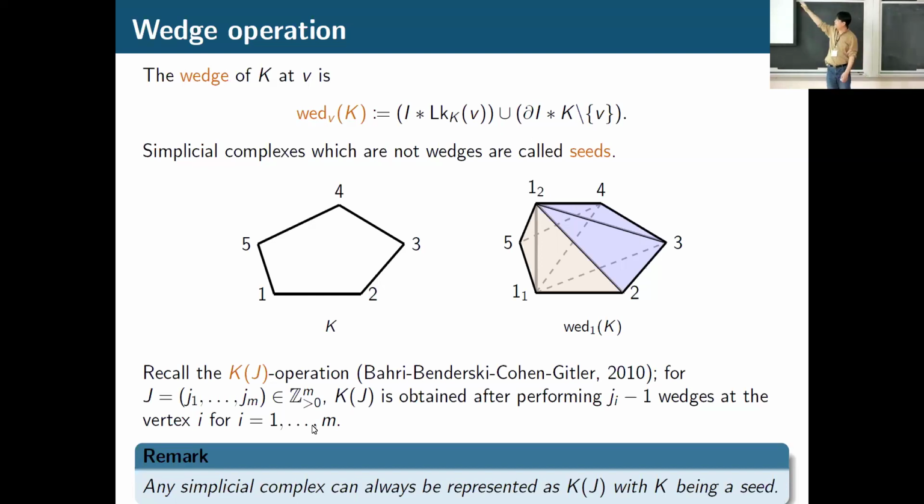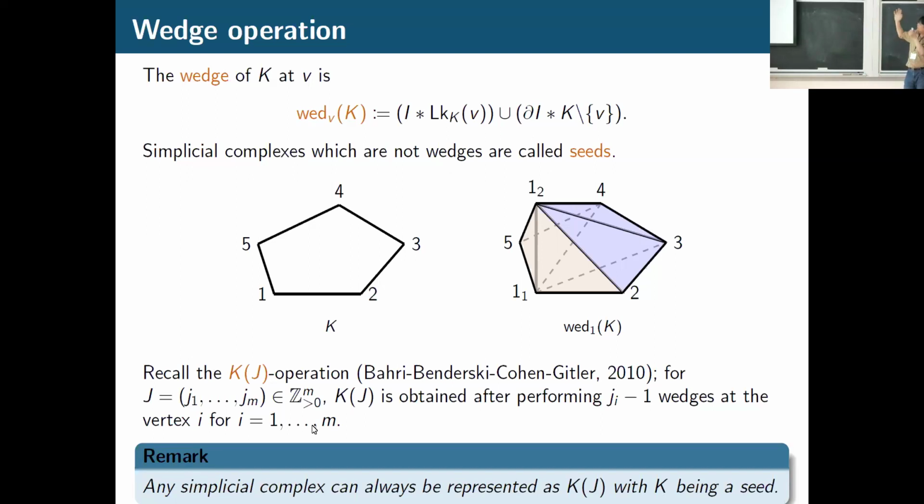Independently of this wedge operation, Toni, Martin, Fred and Sam defined the K of J operation in 2010. But these two operations are essentially the same. Since the wedge operation is associative and commutative, if you take wedge operations successively, then you obtain the K of J operation. So these are the same.